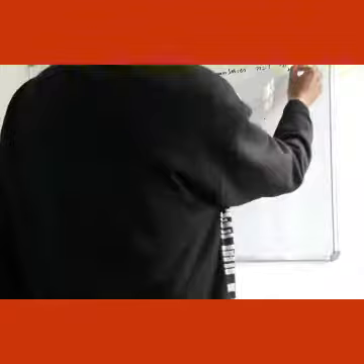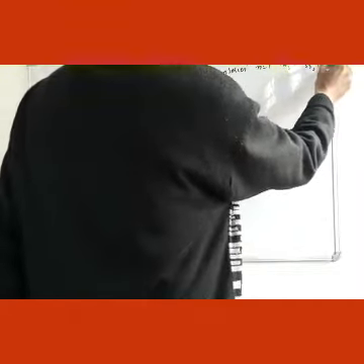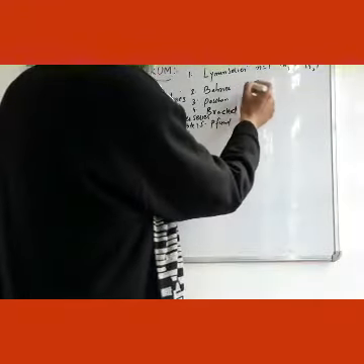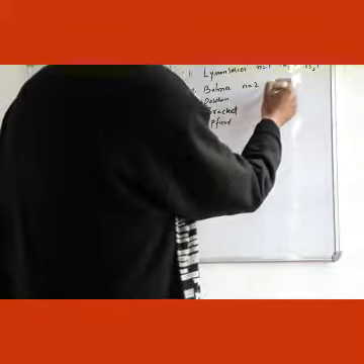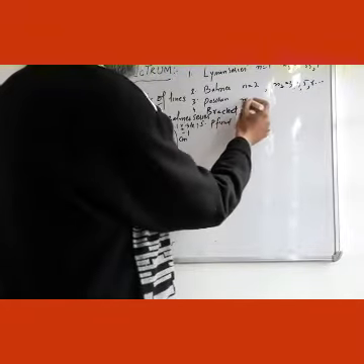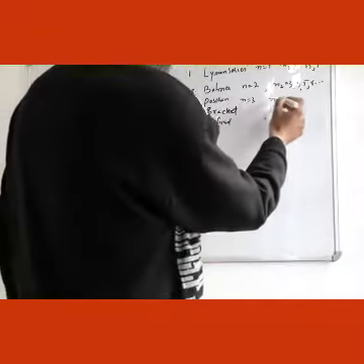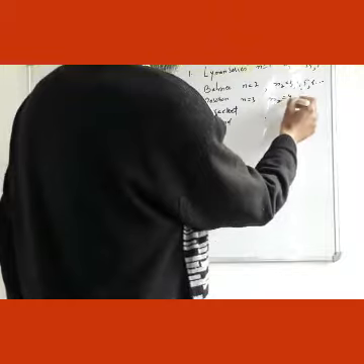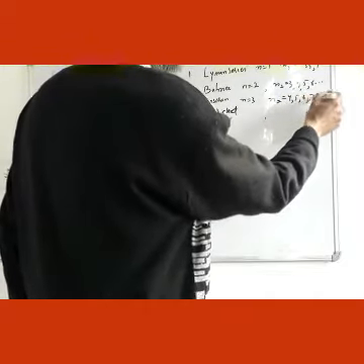In the Lyman series, n1 is equal to 1, so n2 is equal to 2, 3, 4, and so on. In the Balmer series, n1 is equal to 2, n2 is equal to 3, 4, 5, 6, and so on. In Paschen, n1 is equal to 3, n2 is equal to 4, 5, 6, 7, and so on.